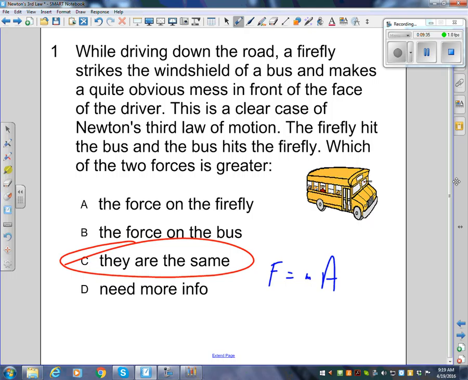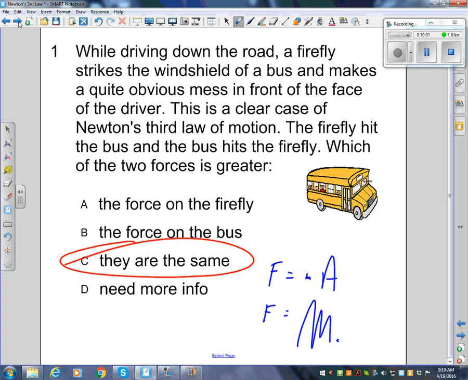Same size force, giant bus means little tiny acceleration. Buses don't care about little tiny accelerations. They don't get schmucked. When buses run into trees or rocks or bridges, they get schmucked. Big forces.